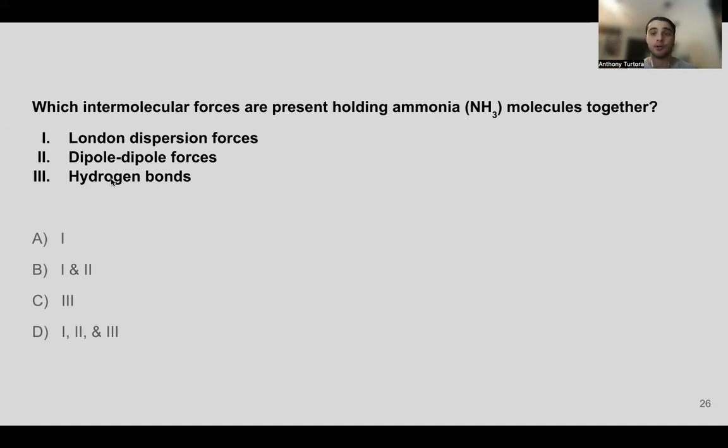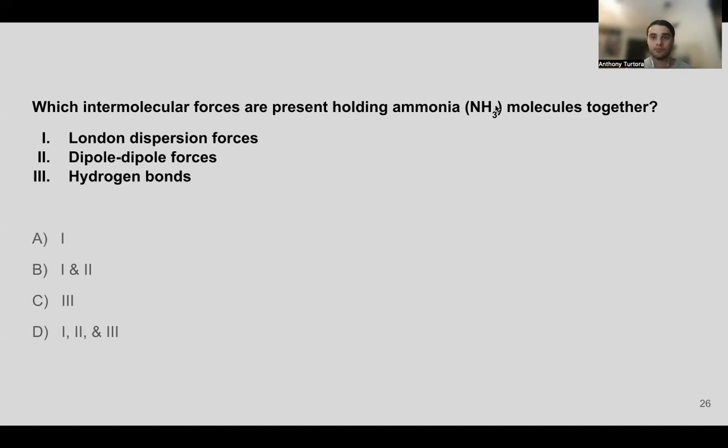In ammonia, I know that I do have hydrogen bonds, as if I think of 2 molecules of ammonia together, I have N bonded to H, and then this H will interact with a nitrogen, which is what will form a hydrogen bond.